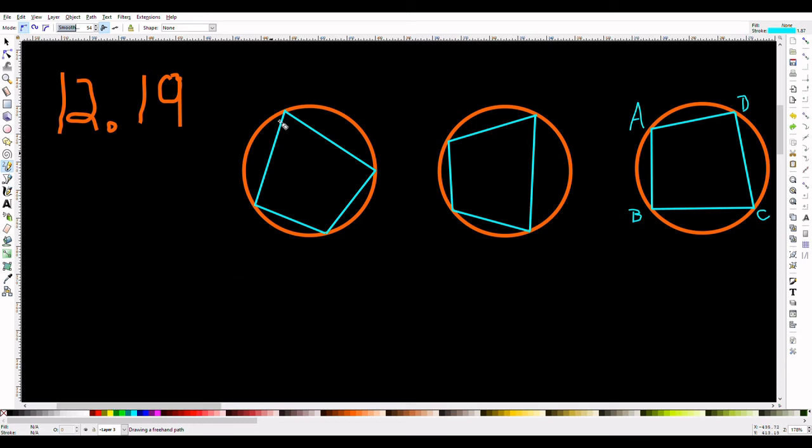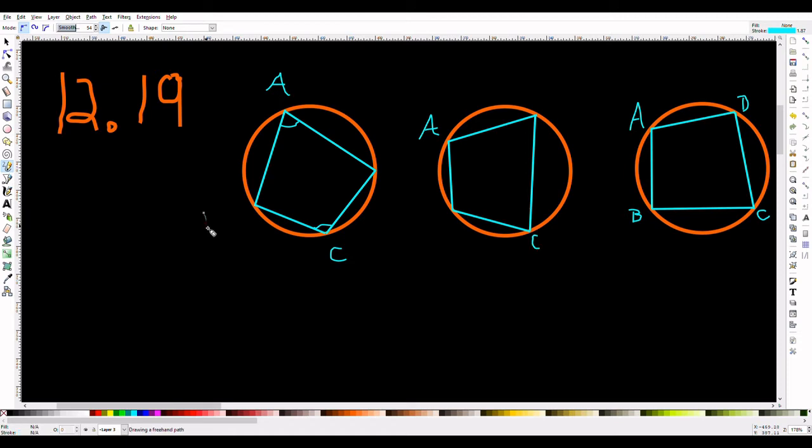And so the claim of this problem is that angle A plus angle C is 180. Not that both are 90, obviously, but that if you combine them, they are 180 degrees.